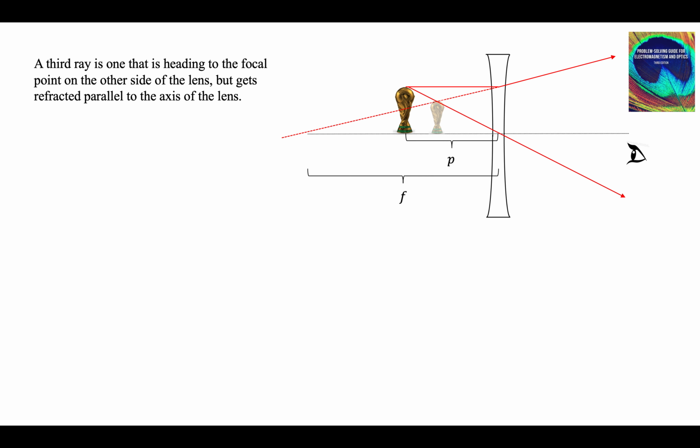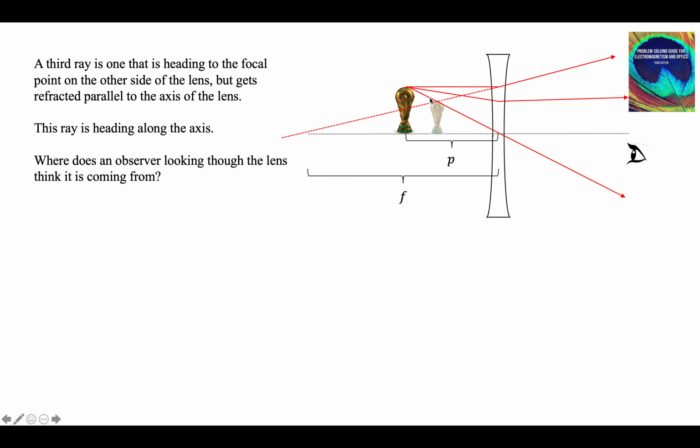There's a third ray that we can use. We already know where it is, but just to make sure. We can have the ray go in the other direction, in parallel, out as if it came from the focal point on the other side. And if we trace this back, humans think it goes in a straight line.